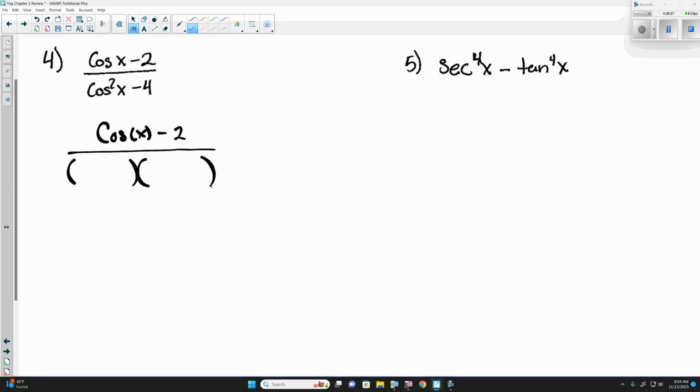Now the denominator, cosine squared of x minus 4, is factorable. And it's actually a difference of perfect squares. That means we'll have plus and minus. And the reason we know it's a difference of perfect squares is, well, cosine squared is cosine times cosine, and 4 is 2 and 2.